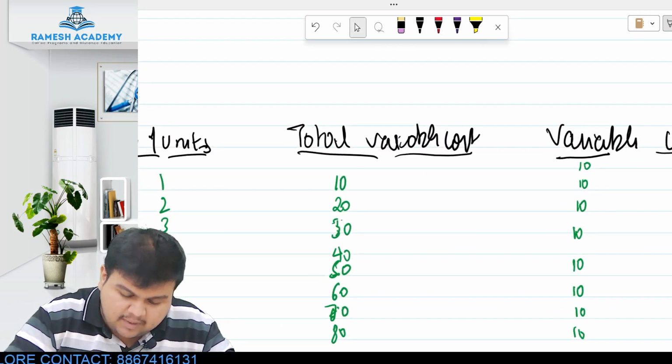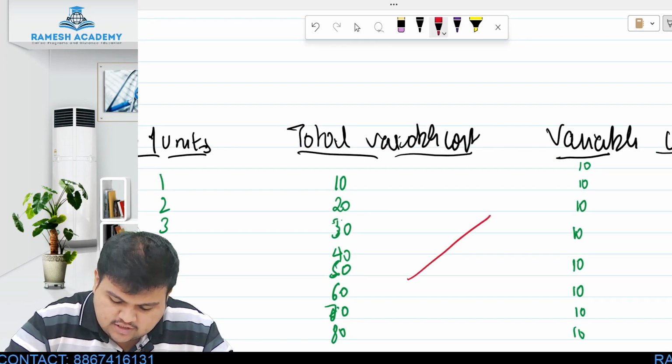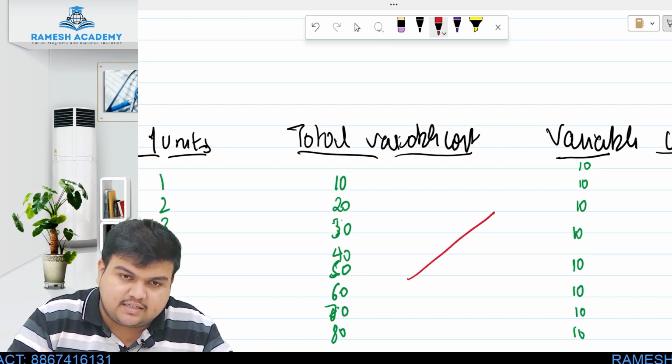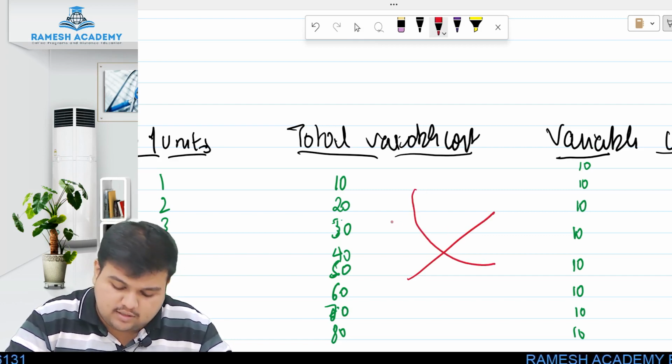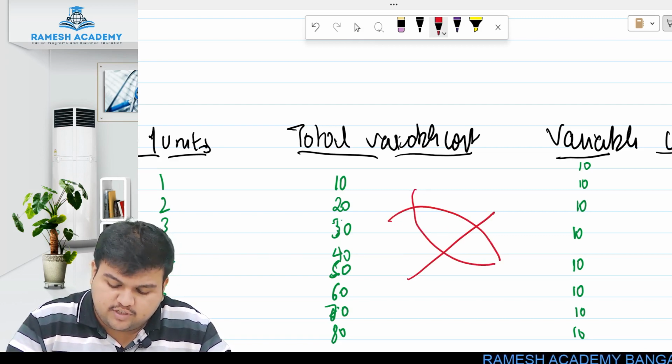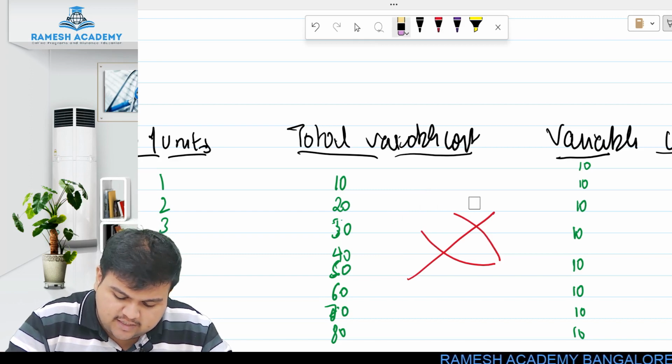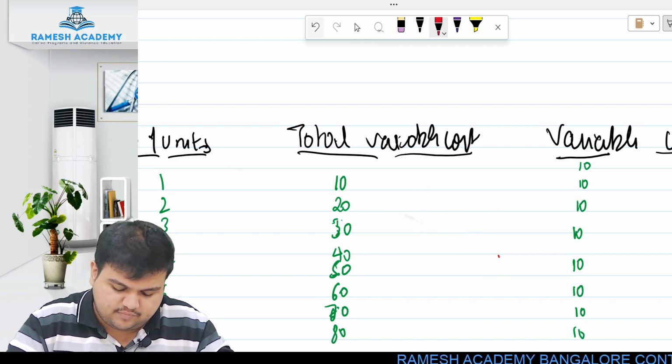Systematically it is increasing. So it is a straight line. If it was increasing like fixed cost per unit, it would have been a rectangular hyperbola or something else. So it is coming in a straight line, systematically increasing.